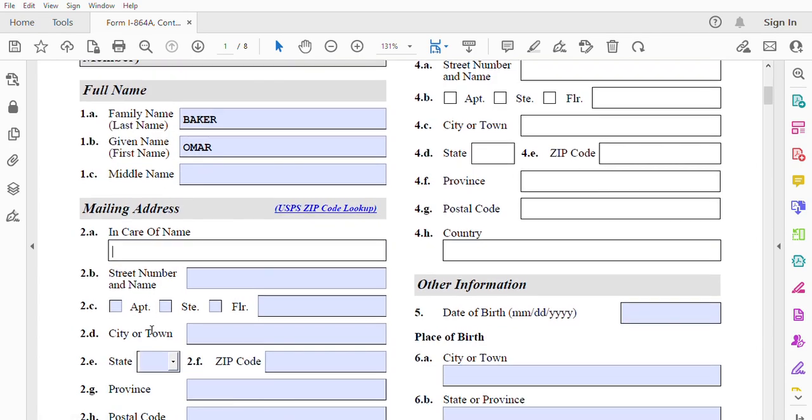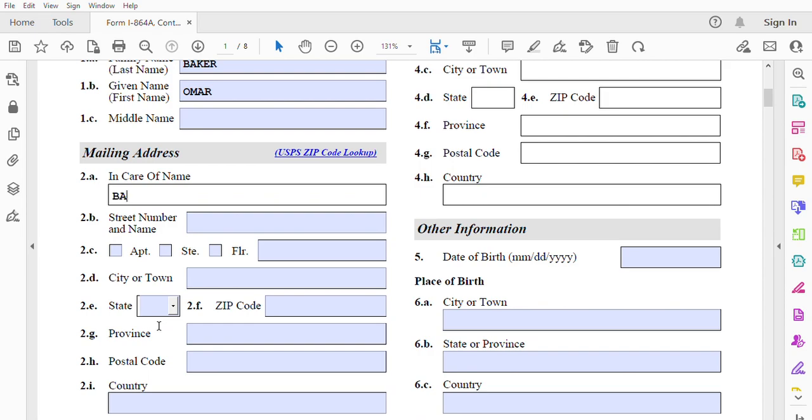The mailing address, it's Baker, Omar, and the address is in the United States. It's 110 Robert Run, Indianapolis, and the state is Indiana.